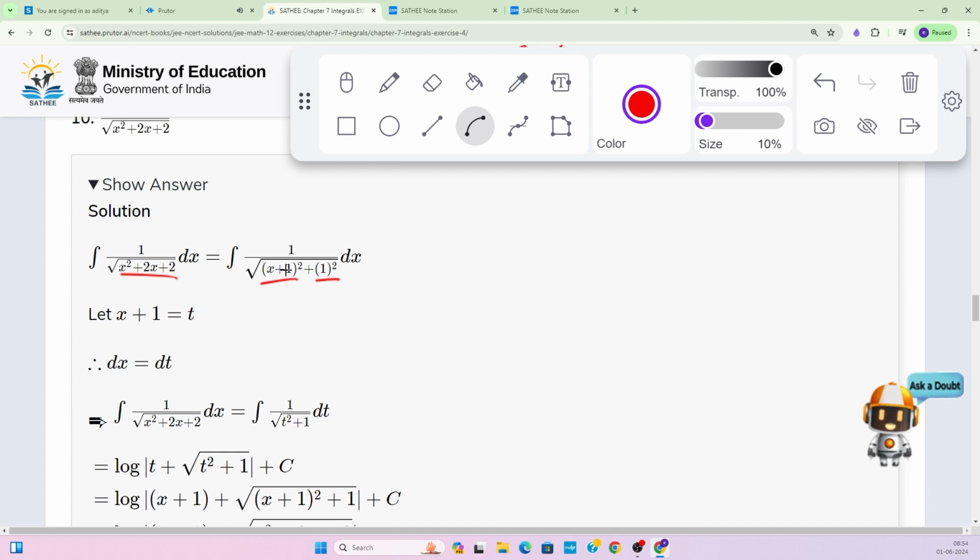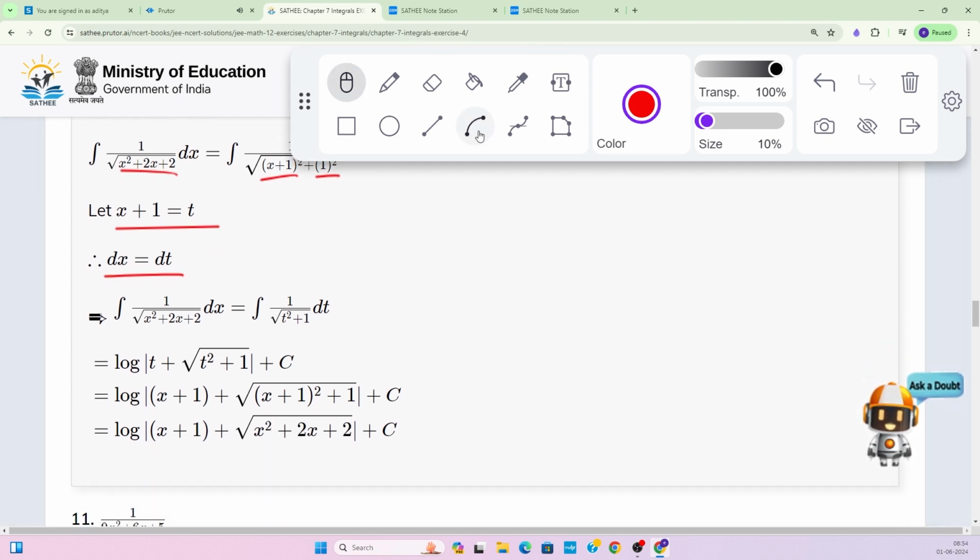Okay, now substituting x plus 1 equals t, you will have dx equals dt. Now your complex integration is transformed into this simple integration of 1 by root t square plus 1 dt. And we know the direct integration for this, which is log of modulus t plus root t square plus 1 plus some constant.